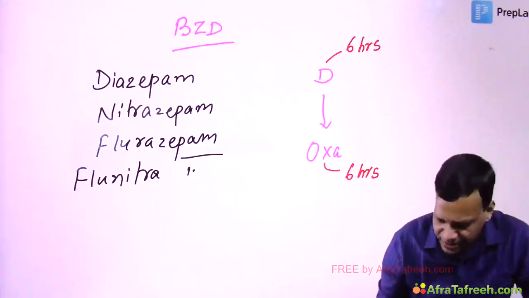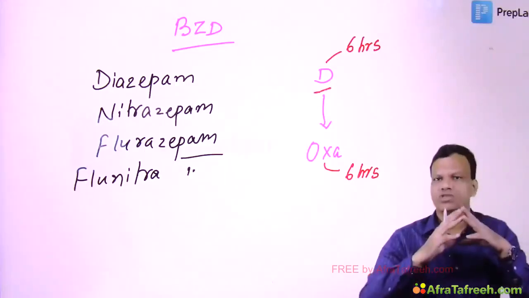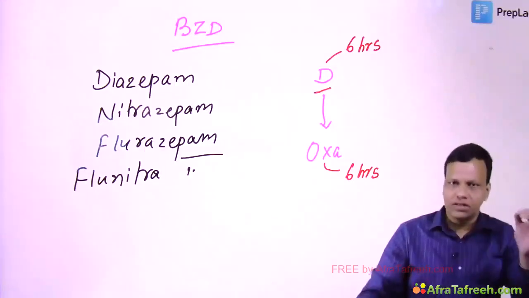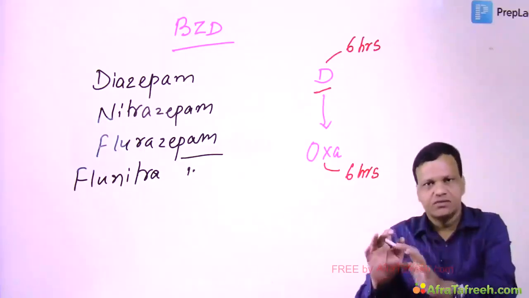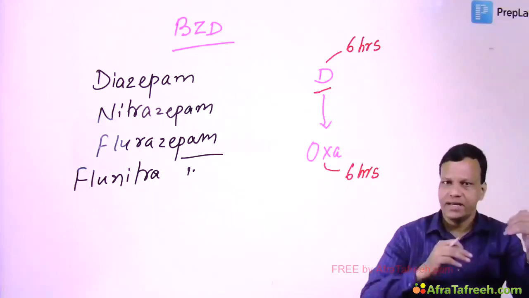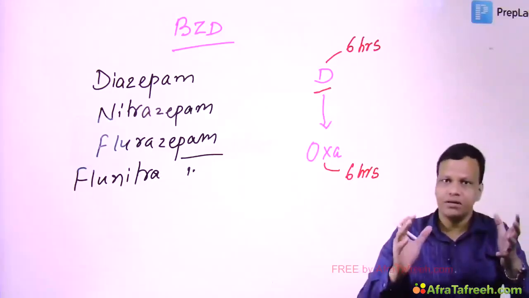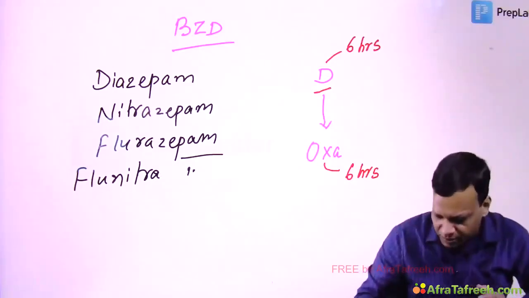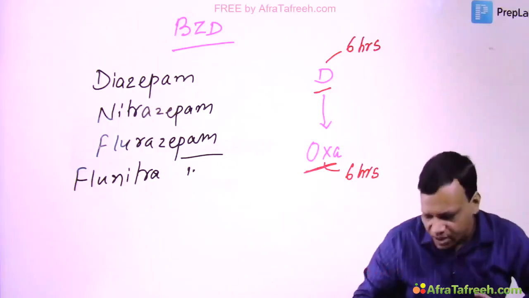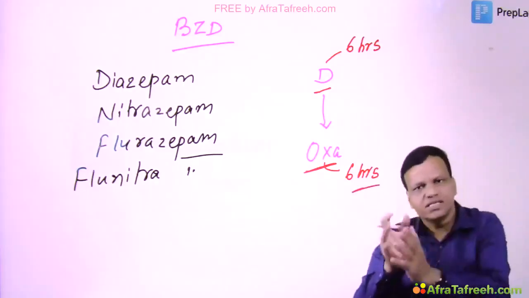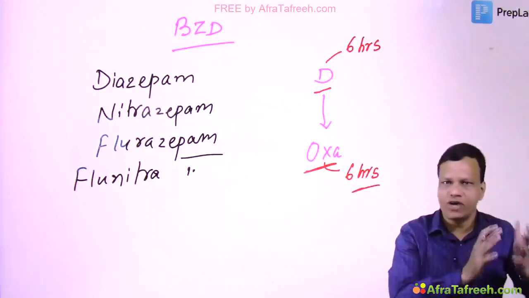So we have given diazepam at night for producing sleep, and we thought that it will work for 6 hours. So the person will take diazepam at night and wake up in the morning. But this does not happen, because after some time oxazepam will be produced. It will keep on depressing the brain for another 6 hours. So that means the person will not wake up in the morning.